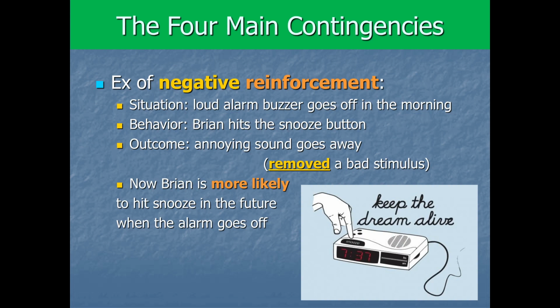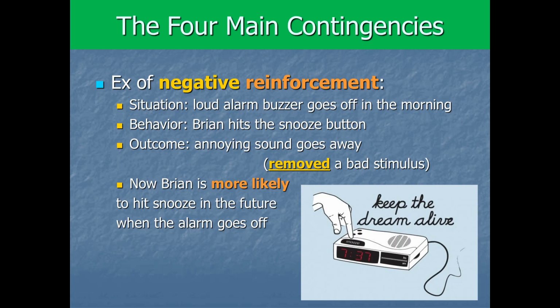Another example of this might be, let's say, an autistic child who gets super overwhelmed by loud noises. That child might do the behavior of running away to a quiet place. That running away behavior does something as a result. The outcome is it removes the noise stimulus. Every time they do the running away behavior, the noise stimulus is removed.